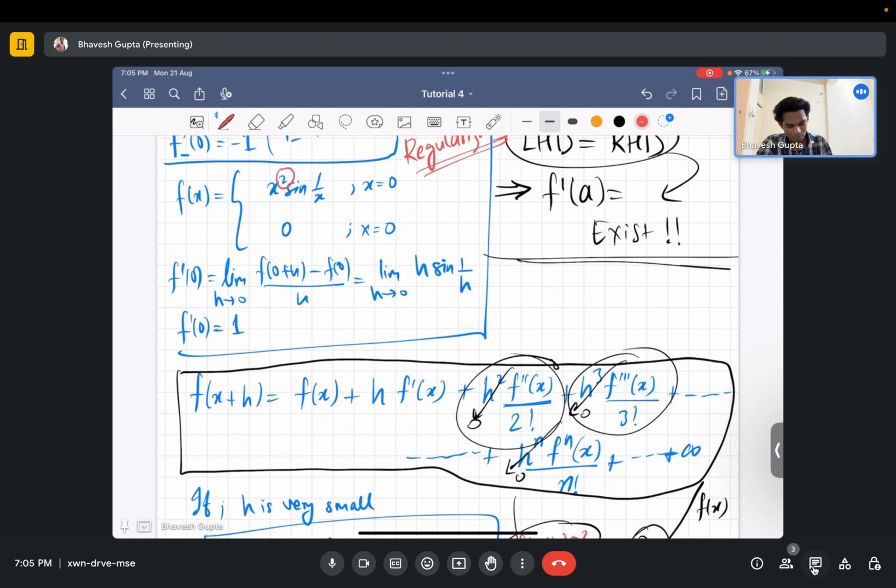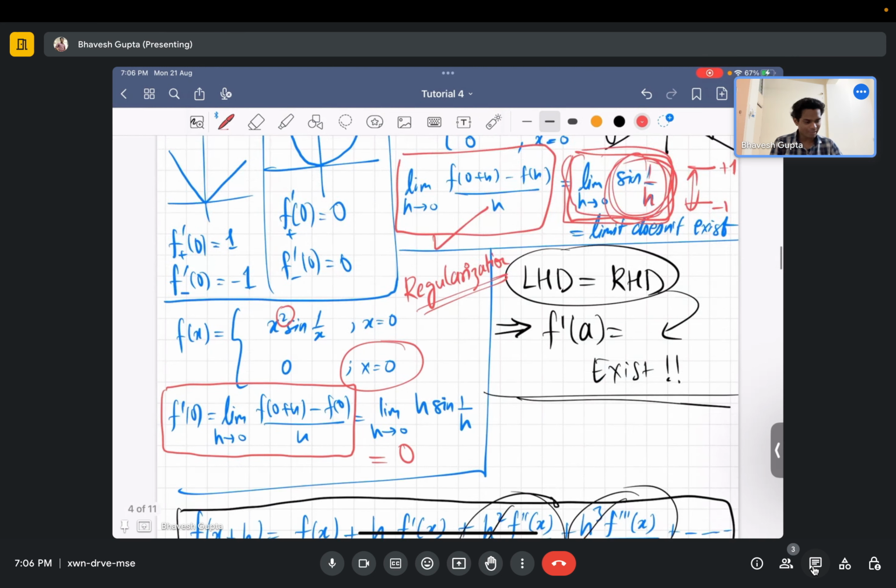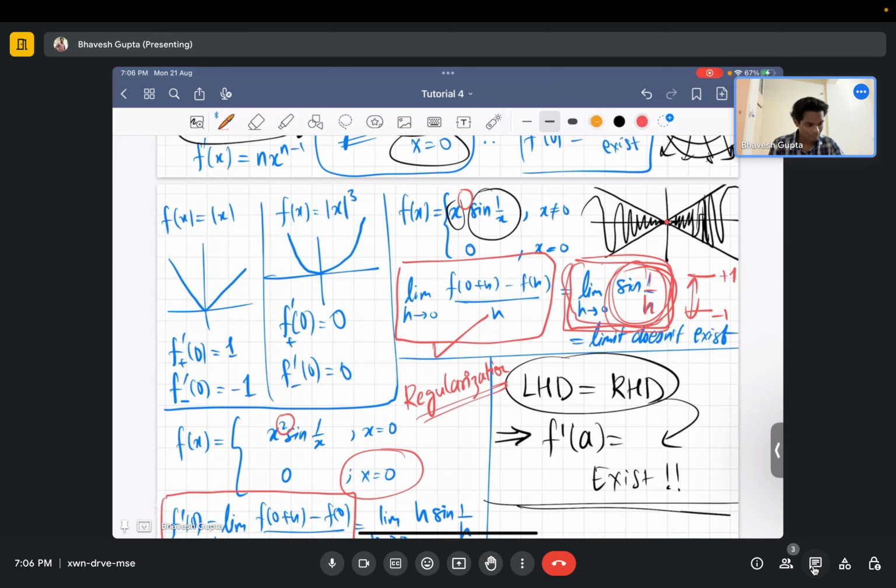Because the moment I try to apply my definition of derivative at x equal to 0, it turns out that I have this limiting value and this limit exists, and that is equal to, sorry, this is written wrong here, and that is equal to 0. So what do I see? The limiting slope at the center of this very tight oscillating function, which you can see here, is like a flat horizontal line.